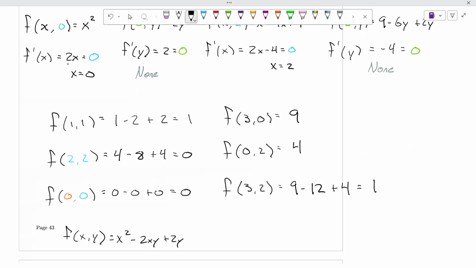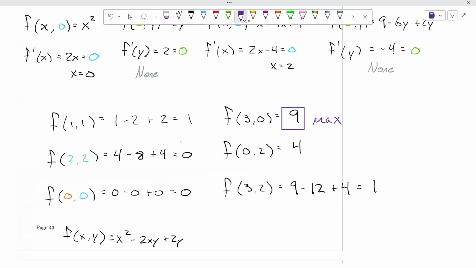All right, well, among these, I just have to go pick the biggest one to be my maximum. That's this guy. Yeah. That new eraser trick really doesn't work that well. Cool. There's a maximum.